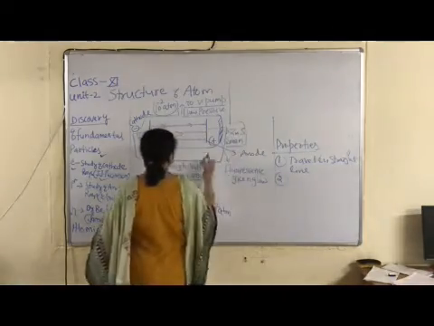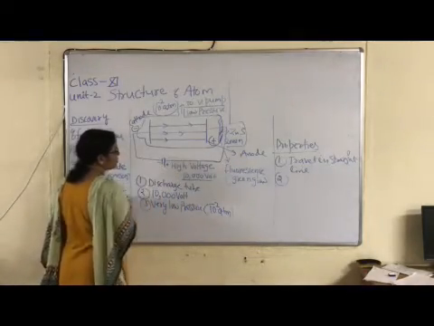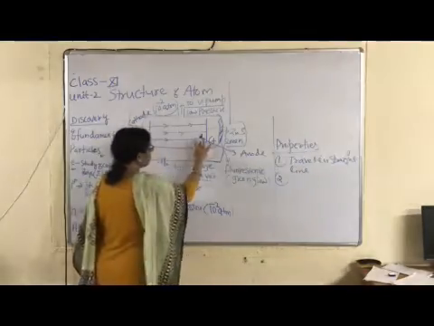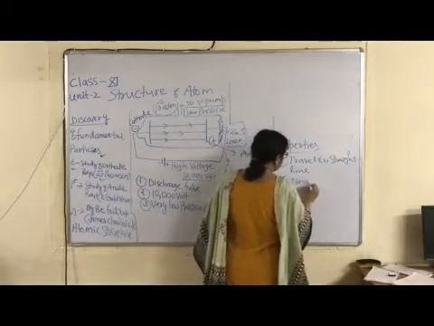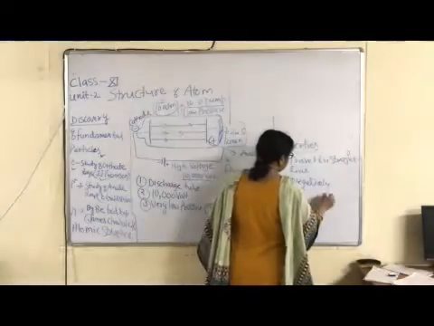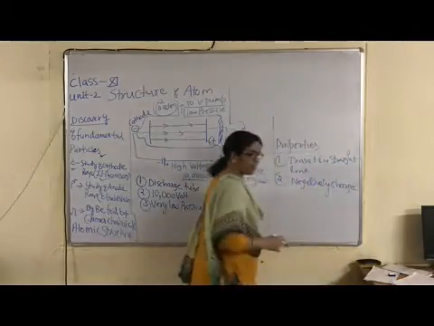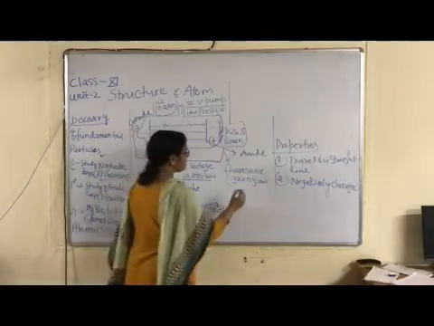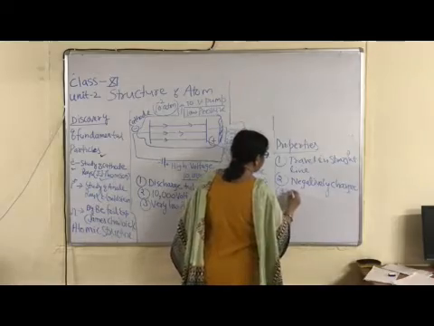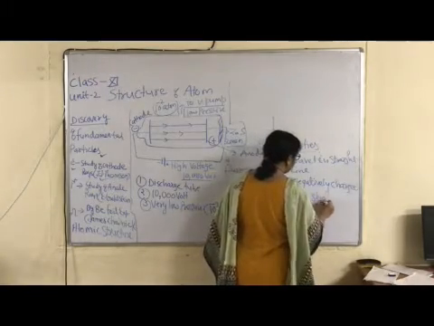Second, you know children, this is connected with the positive plate of this battery. It means cathode rays are negatively charged. A negative particle is always attracted by a positive particle. Next, cathode rays travel with fast speed. Velocity is very high.